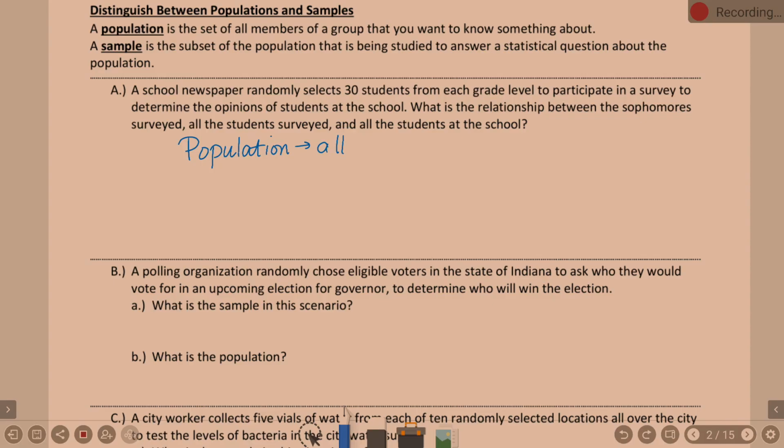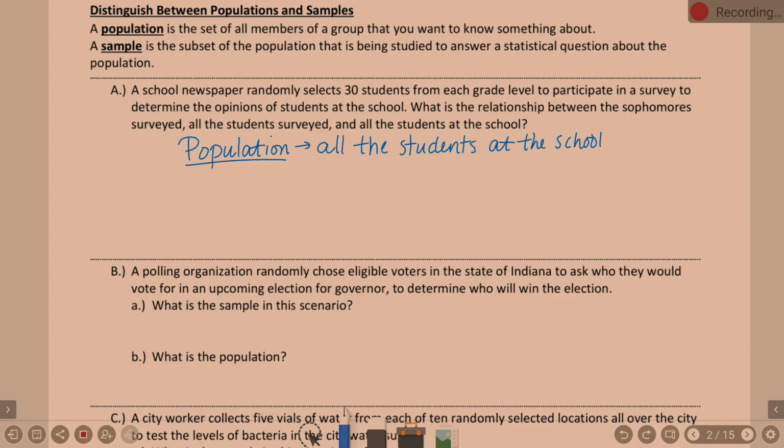The population is all the students at the school, because that's what this data is about. It's about all the students at the school.